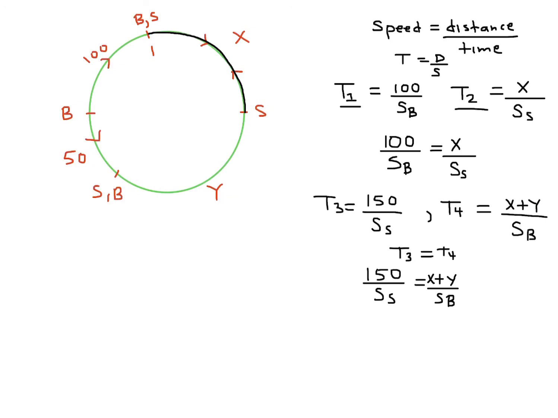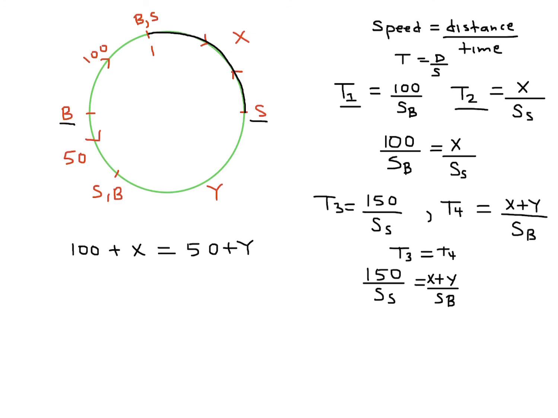Now I've got a lot of variables here. I'd like to get rid of some of these variables. Can I? Well, I can, because remember when they first started B and S, they were diametrically opposite each other like that. So that basically means that the distance from here to here is the same as the distance from here to here. They're opposite each other. So this basically cuts the track in half. So that basically means that 100, this guy, plus x is the same as 50 plus y.